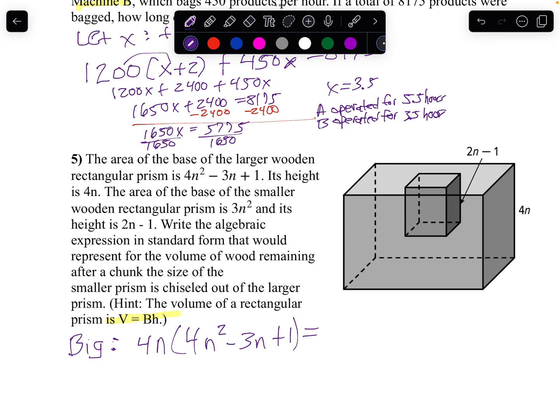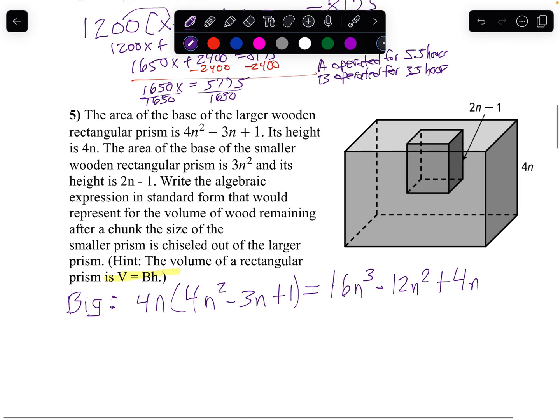So I'll get 4 times 4 is 16n cubed minus 12n squared plus 4n. Now, let's find the volume of the small prism.